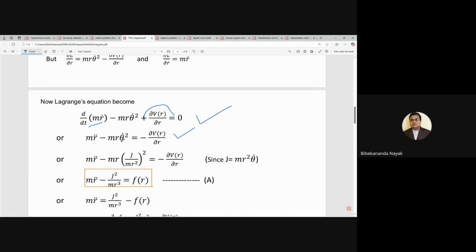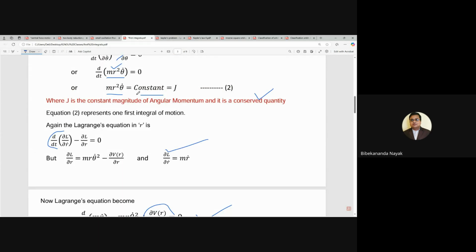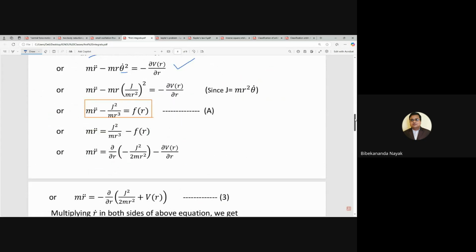So putting in place of theta dot, J by m r square, because m r square theta dot is equal to J, a constant. So theta dot is equal to J by m r square. I found this. This is a very important equation. m r double dot minus J square by m r cube is equal to a function of r. So m r double dot is equal to J square by m r cube plus f of r.